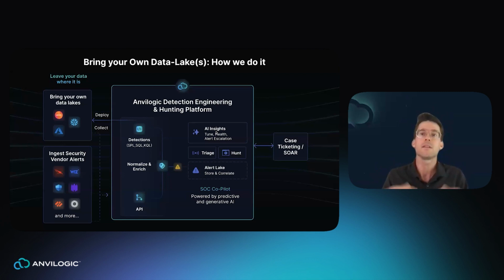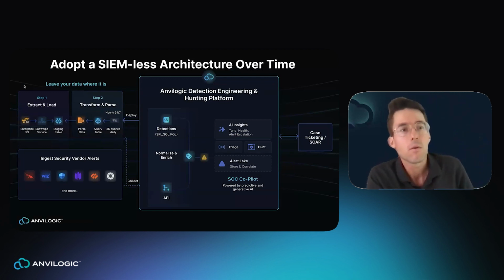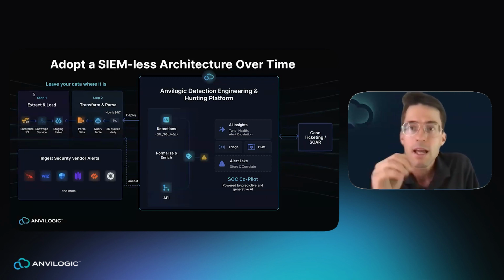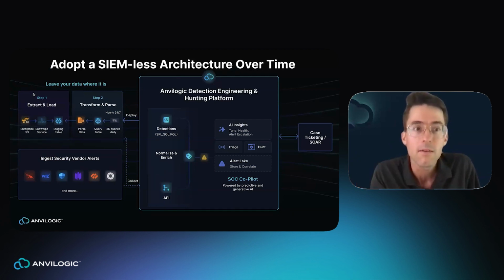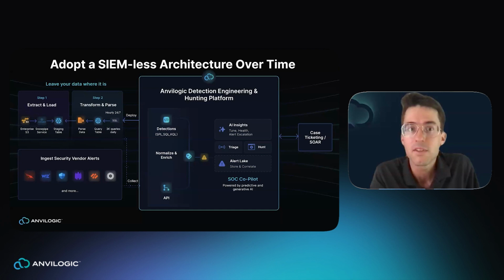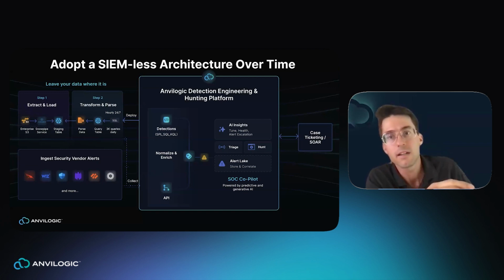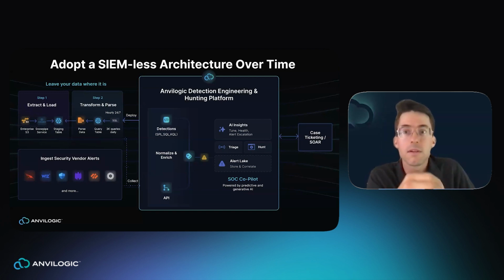So as you are building out these detections, you may have quite a few of them, and we have tools for you to be able to deep dive into those. So the way that we do that is by leaving your data where it is. If you look at step number one over here, once we've been able to use your particular data lake, right, we can basically persist the data. And the way that we do it specifically to adopt this sort of SIMless philosophy, right, is to basically run the detections, use the mechanisms of that particular data lake, right, to generate the detections efficiently.